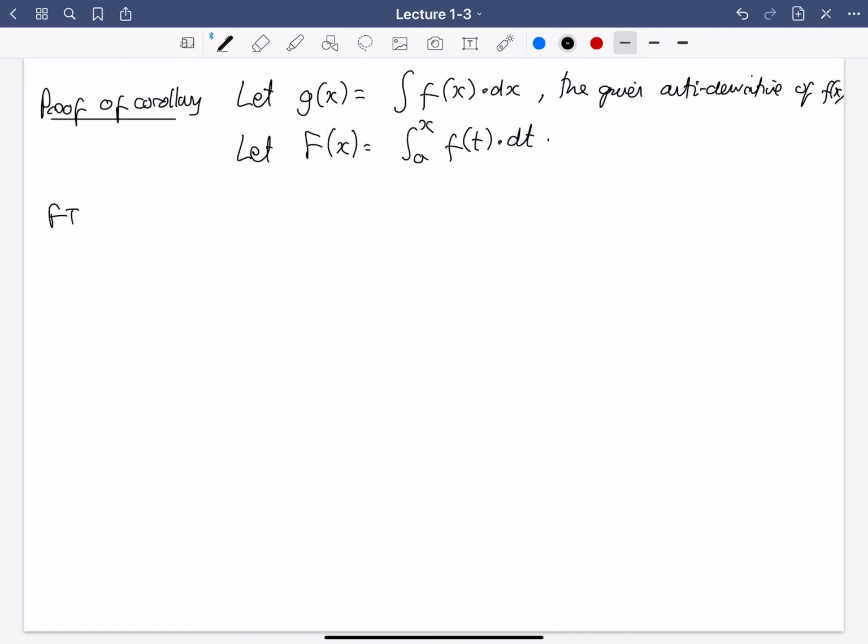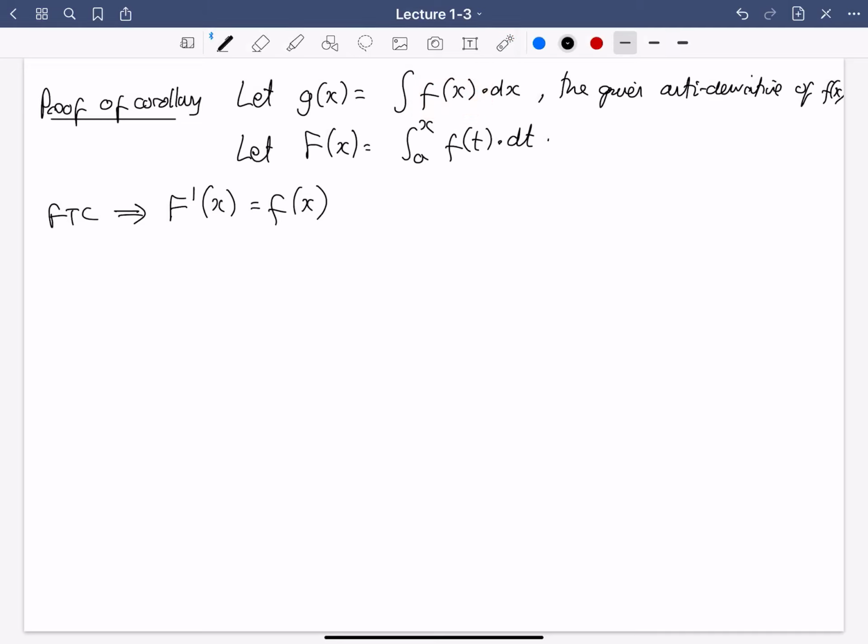So the fundamental theorem of calculus tells us, because our little f was a continuous function, that this big F has derivative little f. The derivative of the area function is the original function. But g of x is another given antiderivative of that function.